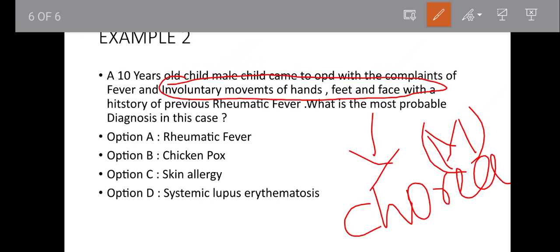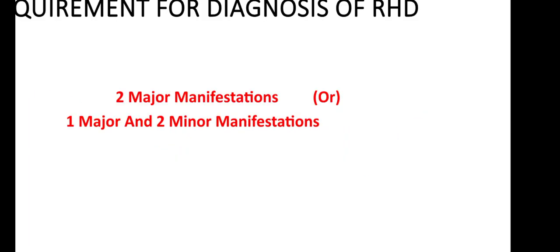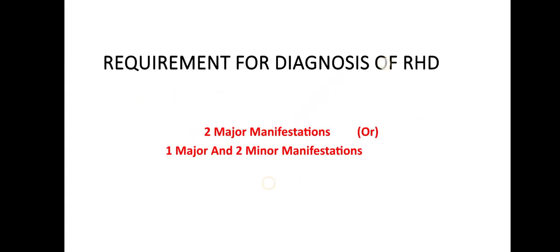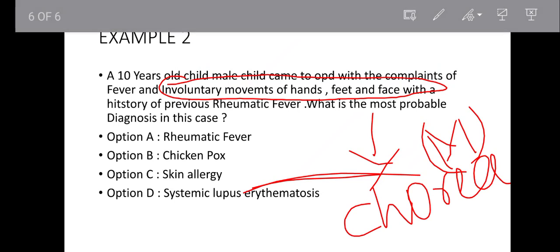So in this case, we have one major manifestation and two minor manifestations, which, as we discussed previously, is sufficient for the diagnosis of rheumatic fever according to the Jones criteria. So the most probable diagnosis in this case is rheumatic fever.